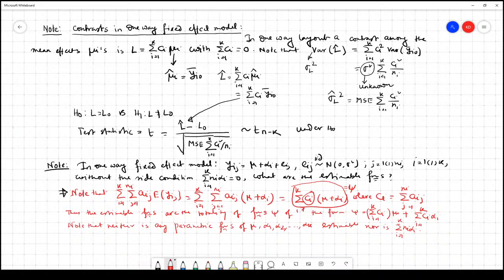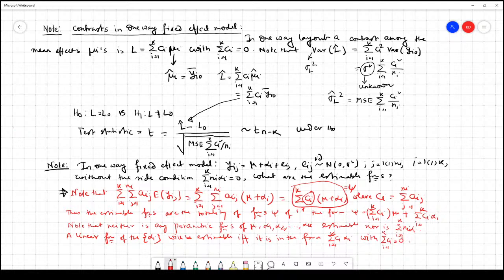So a linear function of the alphas will be estimable if and only if it is in the form sum over Ci alpha I from 1 to k with sum over Ci equal to 0, I from 1 to k.